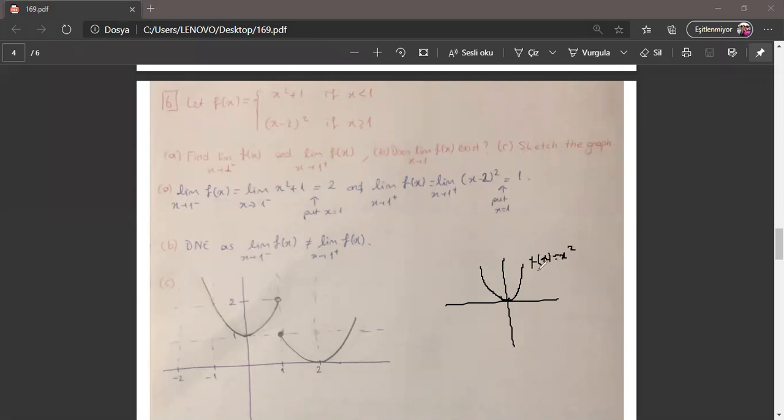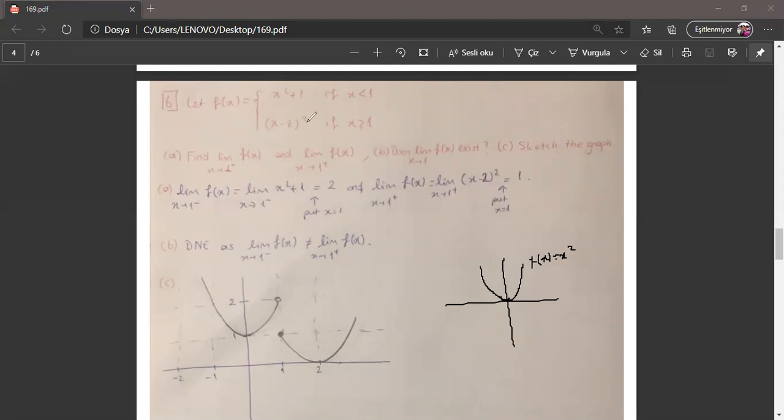We have x squared plus 1, so we shifted 1 unit upwards. As it's defined until x equals 1, we sketch it until 1, okay? So here we had x equals 1 and we get 1.